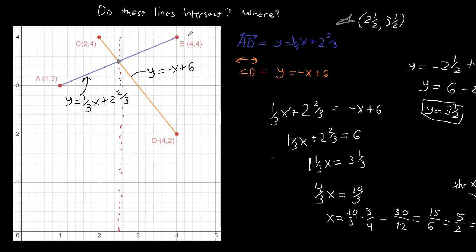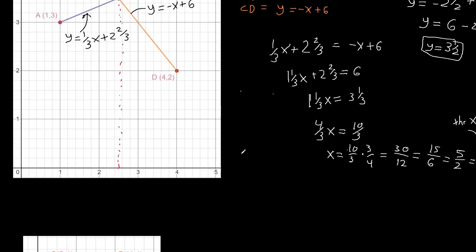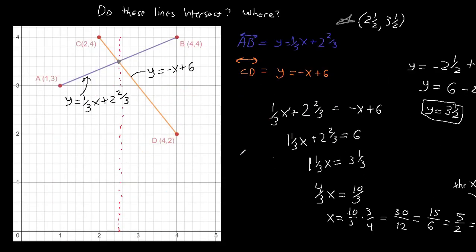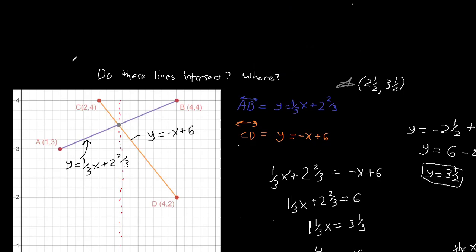To address that issue, we have to look at these coordinates in relation to the line segments in question. I'm going to scroll down a little bit. Hopefully we can still see everything we need to see here. To determine whether these actually intersect, we know where the lines intersect, but now we have to say, do these line segments intersect? You have to ask yourself two questions. Well, it's really four questions.